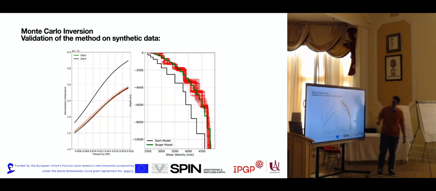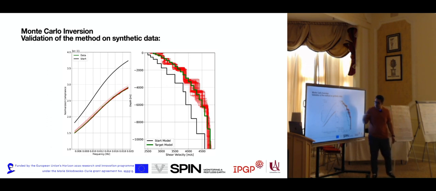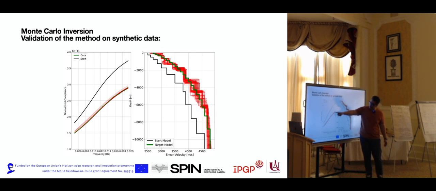This is my first attempt to calculate the shear velocity from the synthetic compliance, from this starting model, by the Monte Carlo sampling method. I started from the black line and ended up at the target model here.